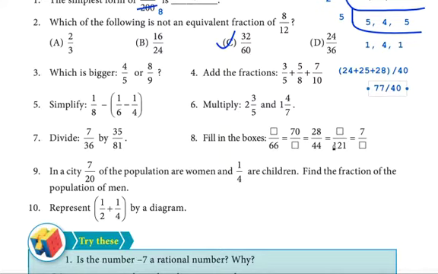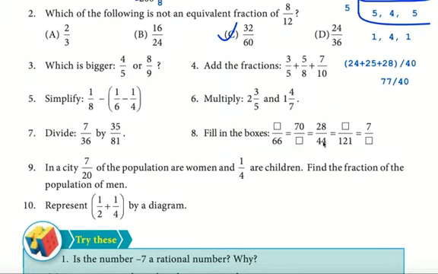Fill in the boxes. How to fill the boxes? See, 11 4s are 44. 4 11s, 4 7s, 7 by 11, right? 11 6s are 66. This one is 7, right? 7 6s are 42.